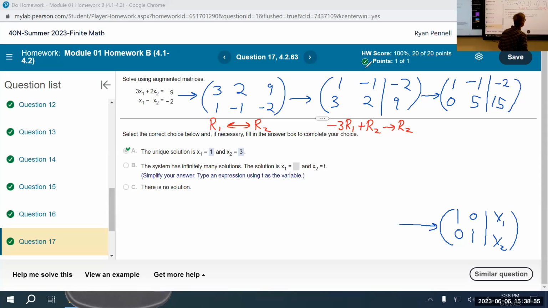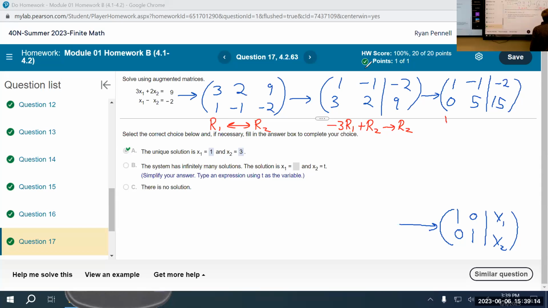Now, look at what our goal is. I'm trying to get this to be a 1. Right now I have it as a 5. How can I get that 5 to turn into a 1? Well, I could divide by 5.